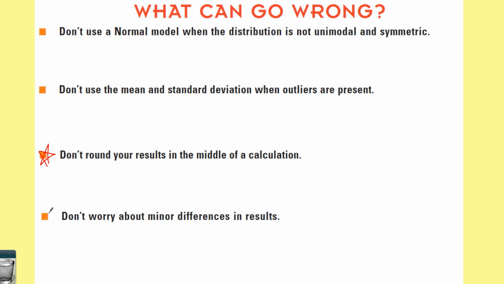Because there are so many different ways to get your information, whether you use the table or the calculators, even a difference between an 83 and an 84 can sometimes be a decimal off. So don't worry about the minor differences. I'm not going to catch you off if you're a tenth of a decimal place off or something, if you're real close.